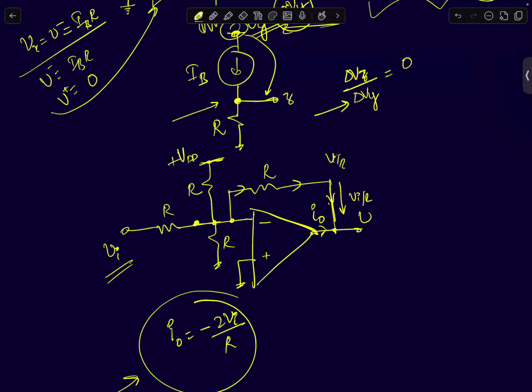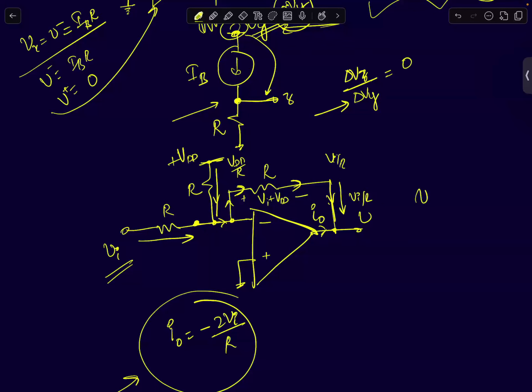The circuit is in negative feedback. This node will be at 0 volts. If this node is at 0, no current flows through this resistor, so I can ignore this resistor. You have a current Vi by R flowing through this, and the current flowing through this branch is VDD by R. So the current flowing through this resistor will be Vi plus VDD by R. So the voltage drop across this will be Vi plus VDD.